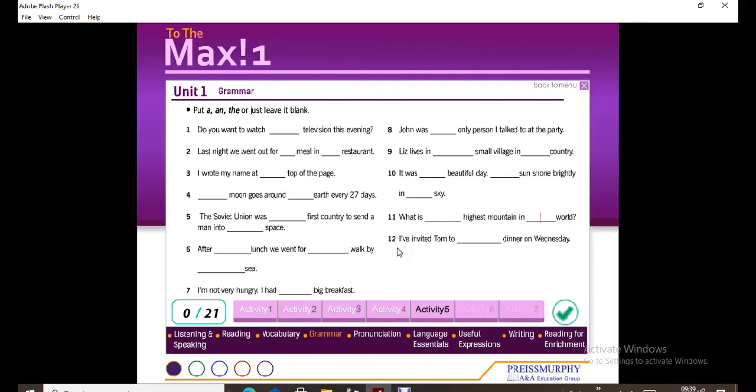I've invited Tom. I have invited, the short form of I have, and invited means asked to come. I've invited Tom to dinner. It's a meal, so I'm not going to put anything here. Leave the blank empty. So I've invited Tom to dinner on Wednesday.